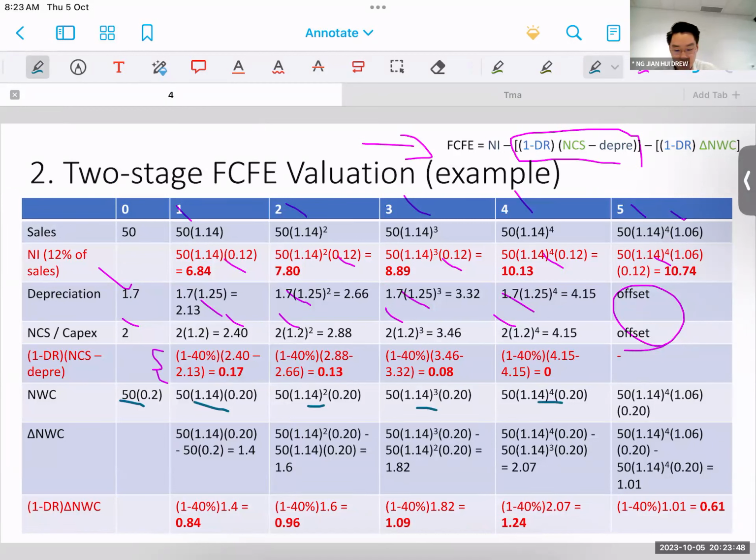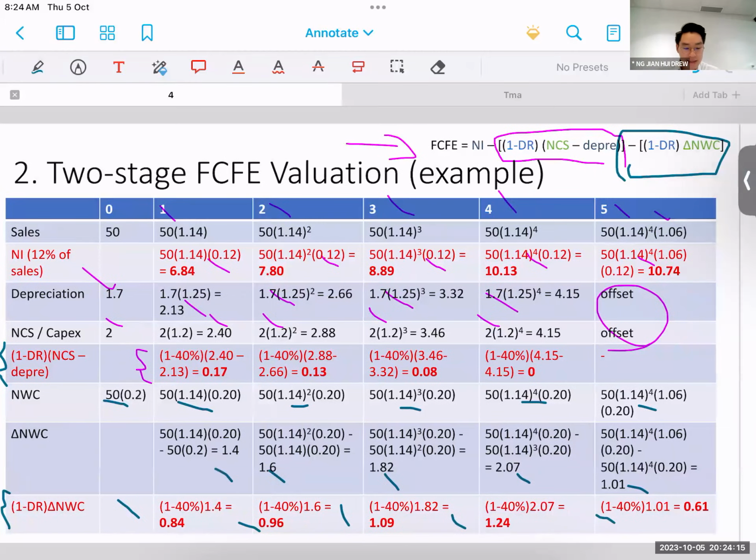But what we're interested in again is the change, so we find out what the change is. And not only that, we want to find the change multiplied by 1 minus the debt ratio. So I've done it here in red. Now we have all the components in red: the net income, this component here, and this component. So we can put everything together in the next slide.